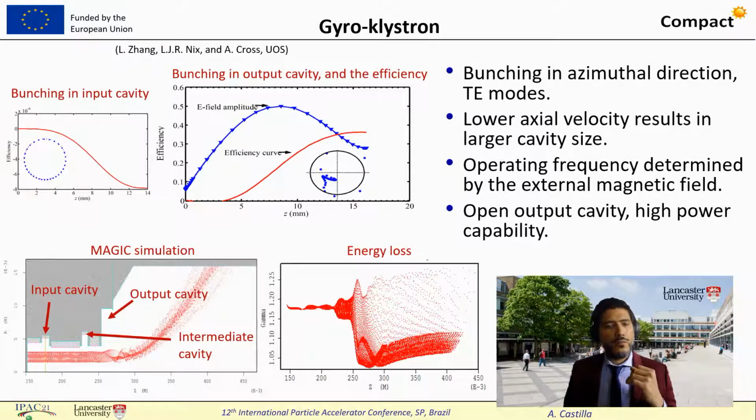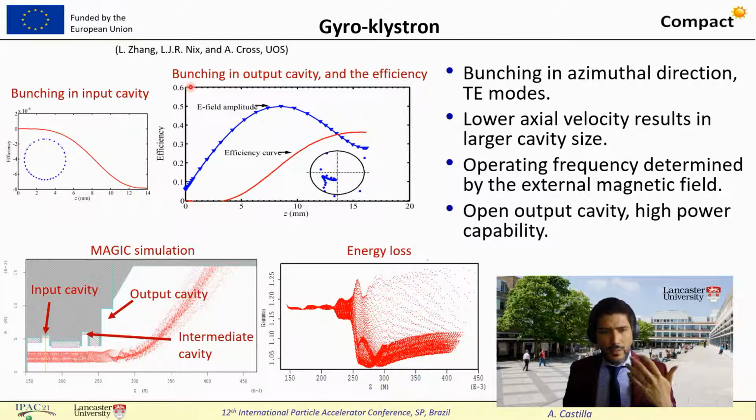So as a first option for an RF source, Strathclyde University has looked into Gyro-Klystrons. Gyro-Klystrons are based on the cyclotron resonance maser instability. And one of the nice things is the bunching is mainly azimuthal due to the TE modes interaction.